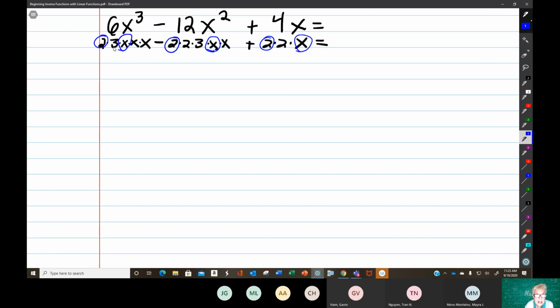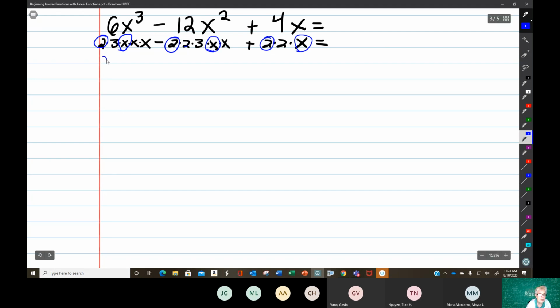Like, do any of them contain a 3? I mean, yes, 2 of them contain a 3, but I need for all 3 terms to have a 3, and it doesn't work. And this term has another 2 that can match with that, but I would need to have that extra 2 over here, and that doesn't work. So I'm stuck. 2 and x are as big as it's going to get for me.